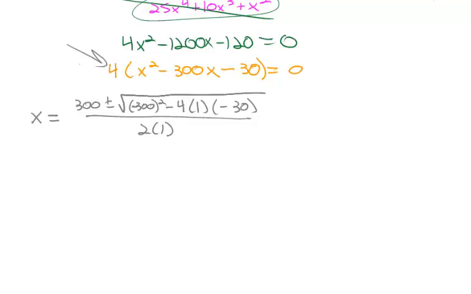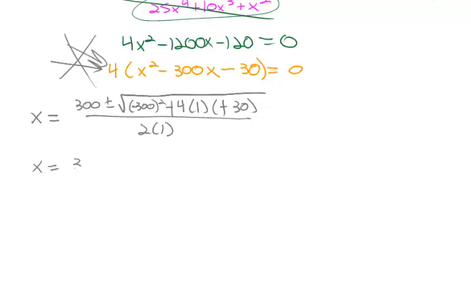Notice as I'm doing this, I'm not using the 4 out front. We factored that out. It's not there anymore. Don't use that 4 out front. We got a negative times a negative inside, which makes a positive. So inside the parentheses, 300 squared plus 4 times 1 times 30 is huge.